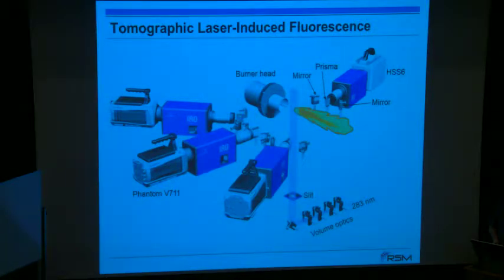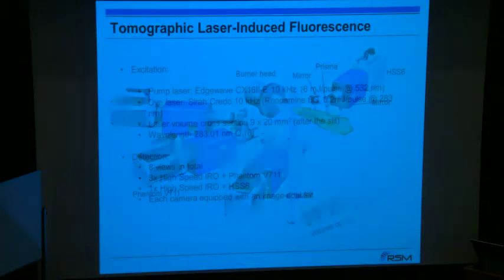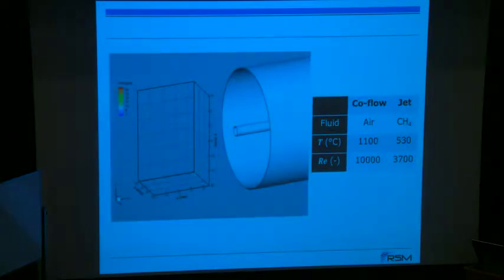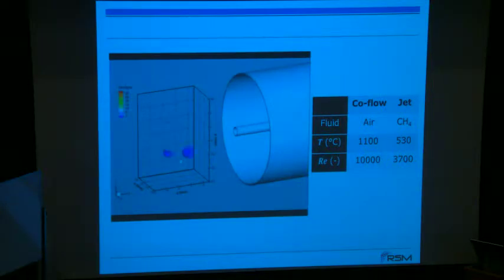I think that has been operated with 80 watts, and with 6 millijoule at 532, with only 200 microjoules at 283, with a laser volume cross-section in this area, and 8 views with these cameras. You would see these autoignition kernels shooting up. Further downstream there would be the lifted flame base, and you see how these kernels develop in time and space.